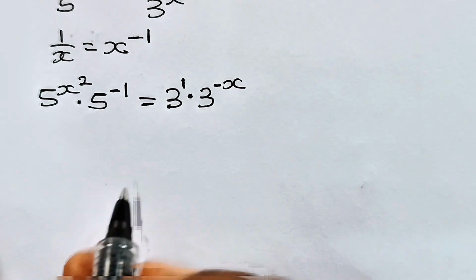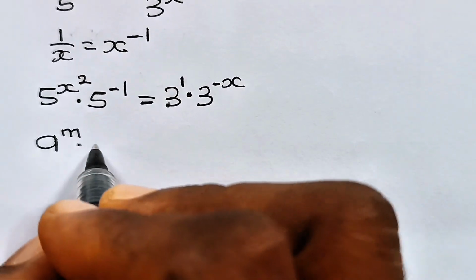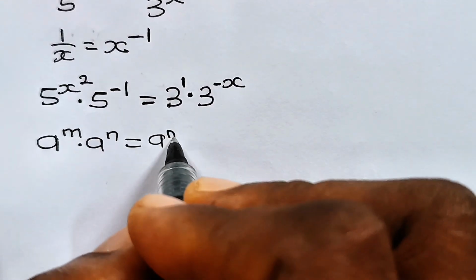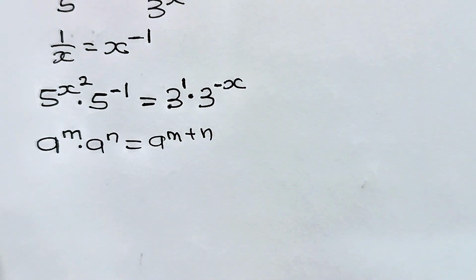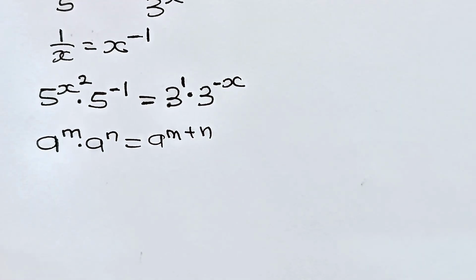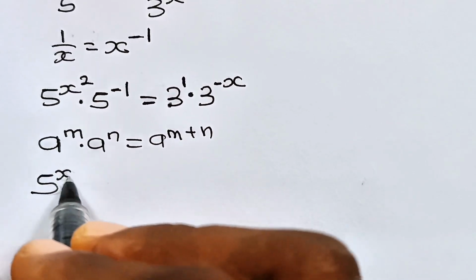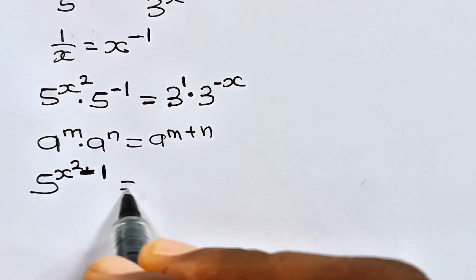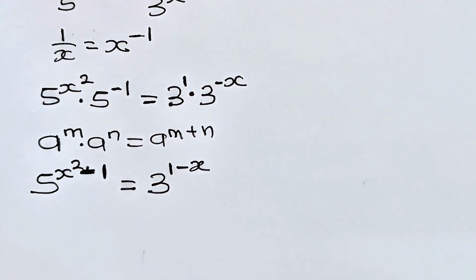Alright, now recall that a to the power of m multiplied by a to the power of n is equal to a to the power of m plus n. So that means that we can solve this as 5 to the power of x squared minus 1 is equal to 3 to the power of 1 minus x.